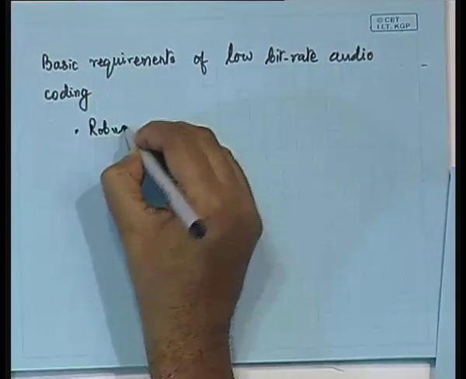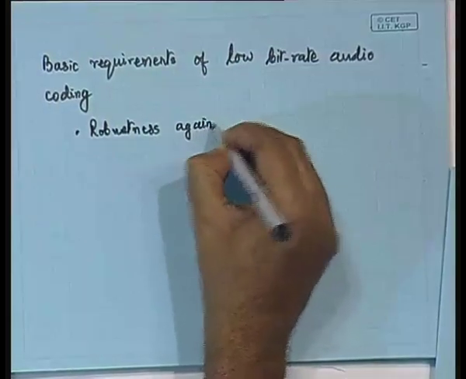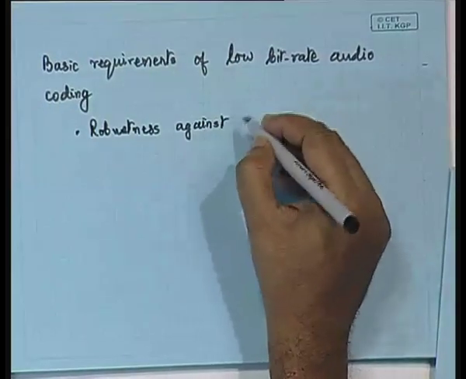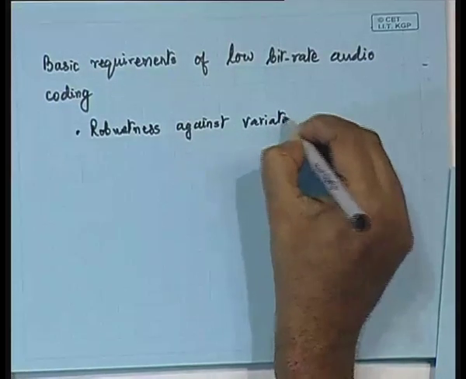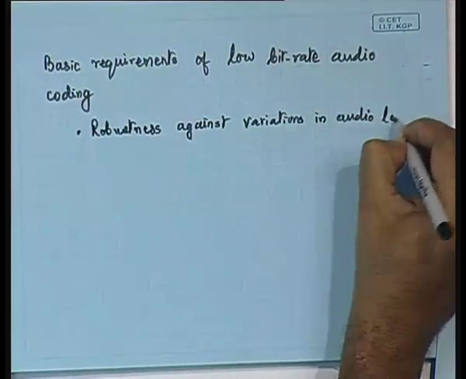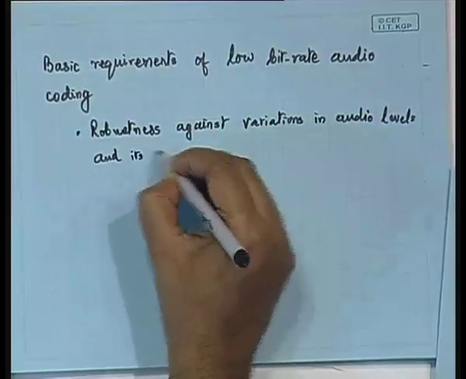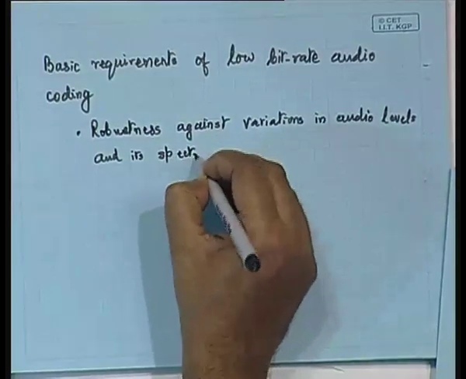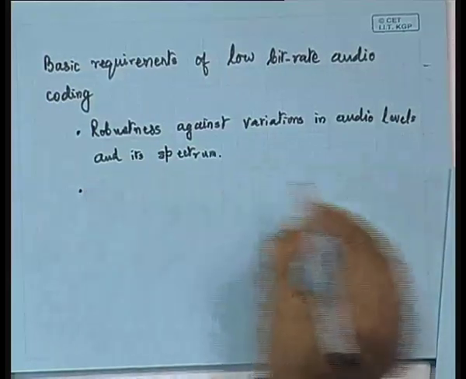So, there should be robustness against variations in audio levels, because variations will be there. So, your audio coder should be robust against variations in audio level, and not only the audio level, but also its spectrum, meaning the frequency spectrum.